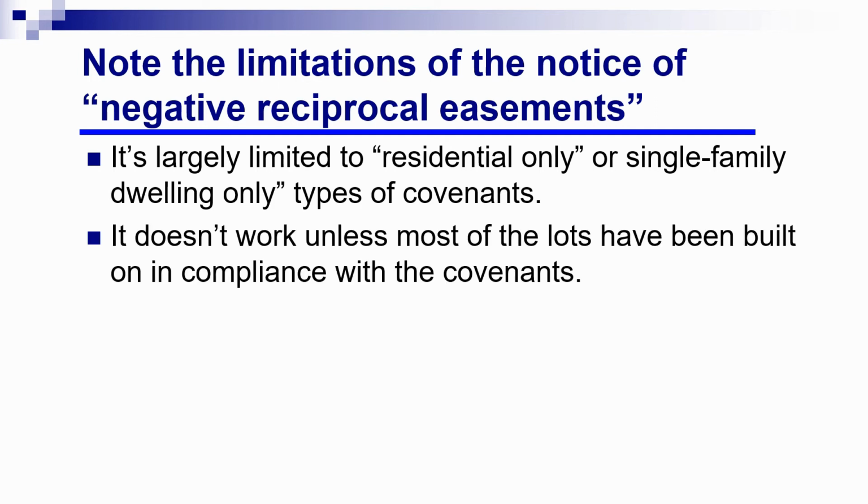It doesn't work, of course, unless most of the lots have actually been built on in compliance with the covenants, because it assumes that one can look at the subdivision and see the effect of the covenants on the ground. If the covenants are there, but the lots are still vacant, then the theory doesn't work at all.